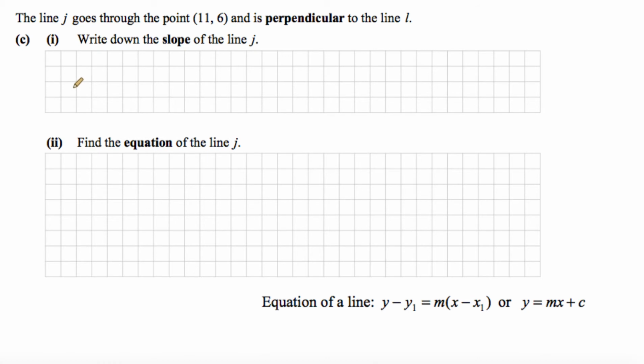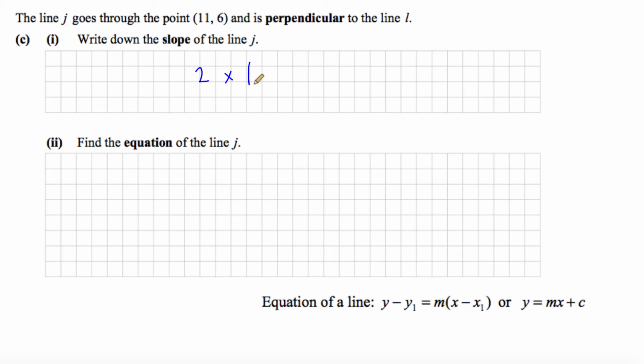Okay, part C, the line J goes through the point (11, 6) and is perpendicular to the line L. Write down the slope of the line J. Okay, well, if lines are perpendicular, then their slopes will multiply to give minus 1. So the slope of the line L was 2.